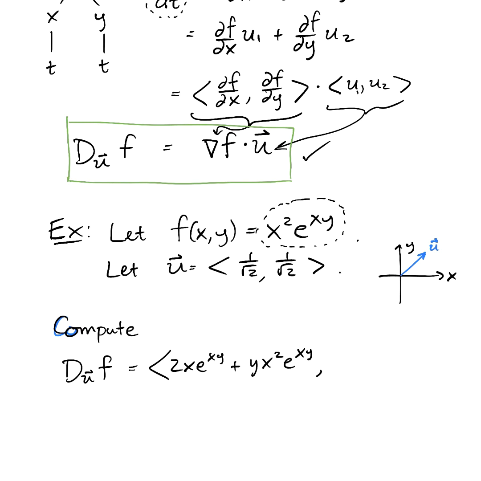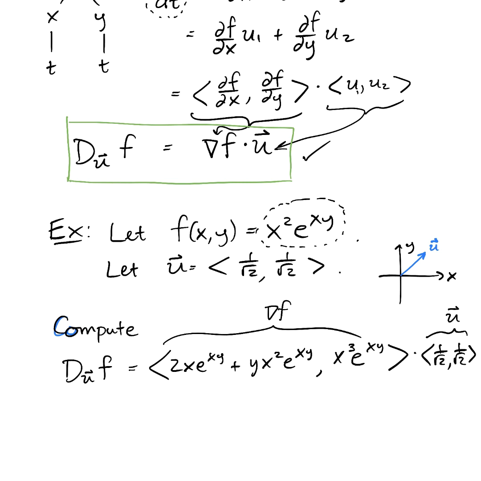The second entry is the partial with respect to y, which is just x cubed e to the xy. So there's the gradient, and then we just have to dot it with the vector u. This piece right here, that's the gradient. This piece right here, that's just u.